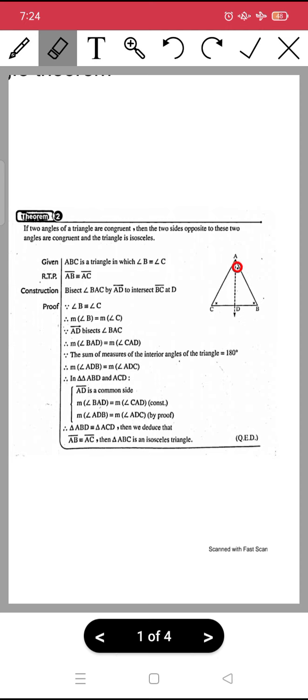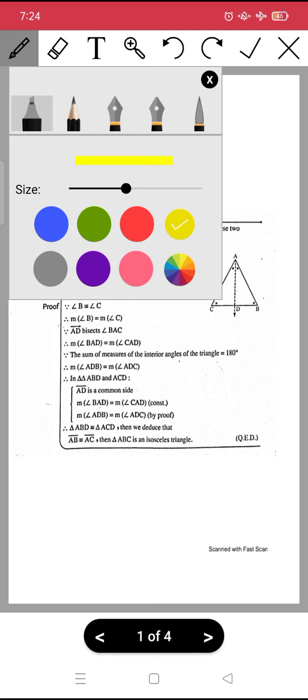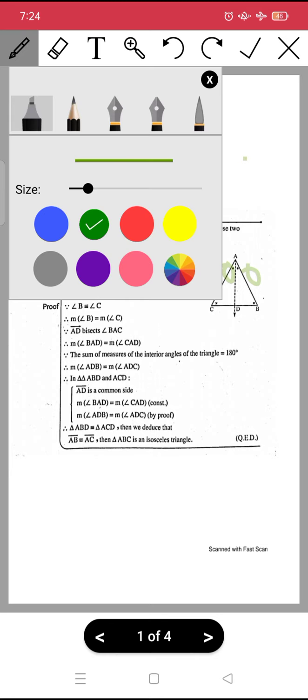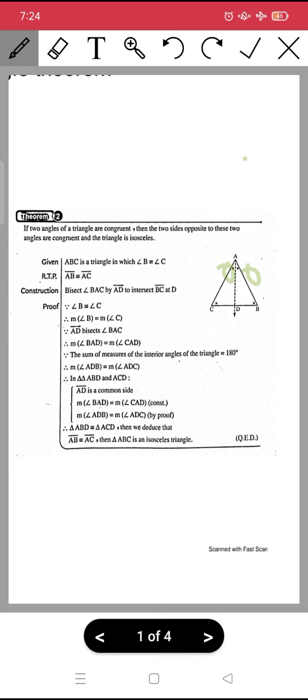So, therefore, in the two triangles ABD and ACD, AD is a common side. Measure angle BAD equals CAD. And measure angle ADC, this one, I have this angle equal to this one, and this angle equal to this one, and we have a common side.